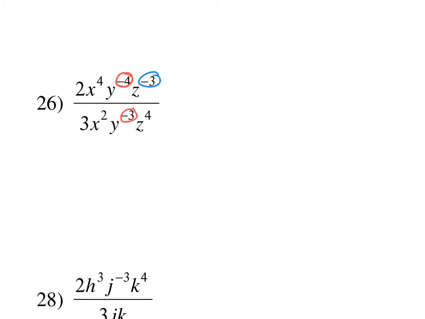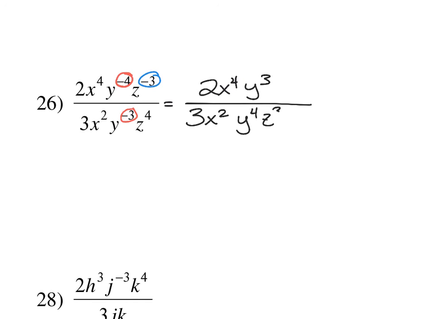Those 3 pieces, and only those three pieces, are the things that are going to switch sides. So the top should now say 2x to the 4th, y to the 3rd, because it came from the bottom. And the bottom should say 3x squared, y to the 4, z to the 3, and z to the 4, right? These 2 pieces move to the bottom, this piece moved to the top.